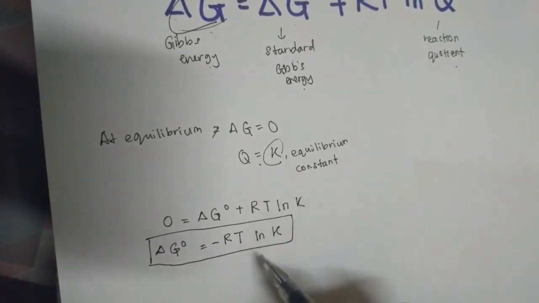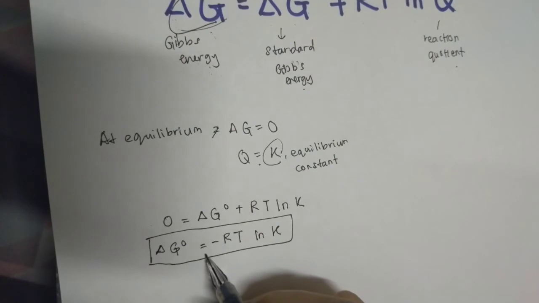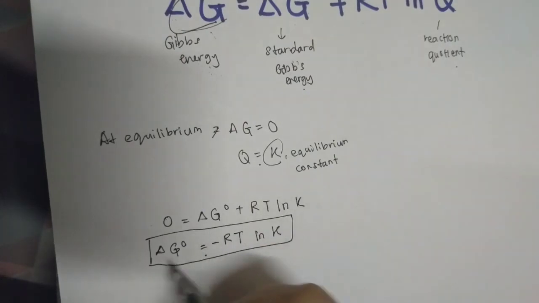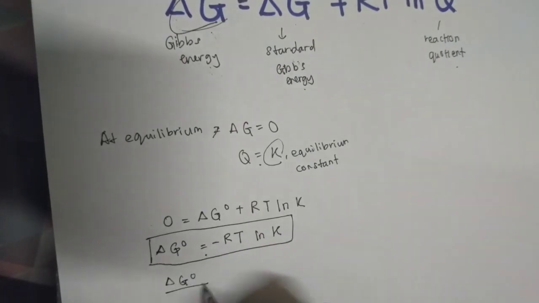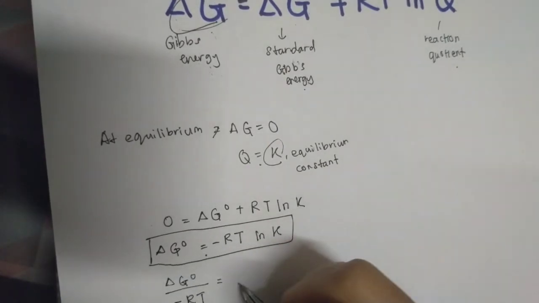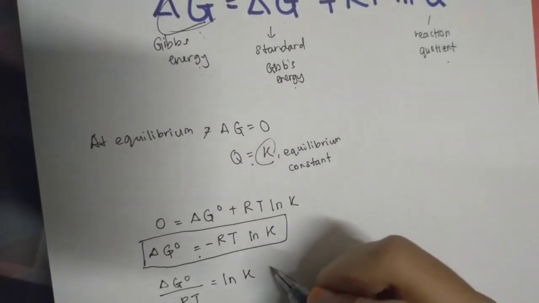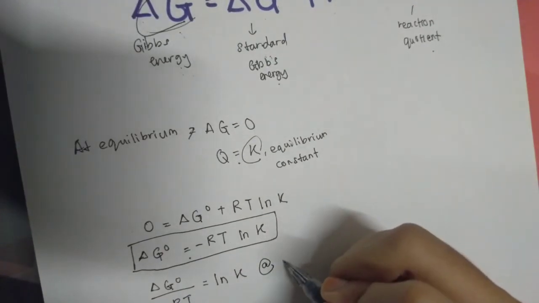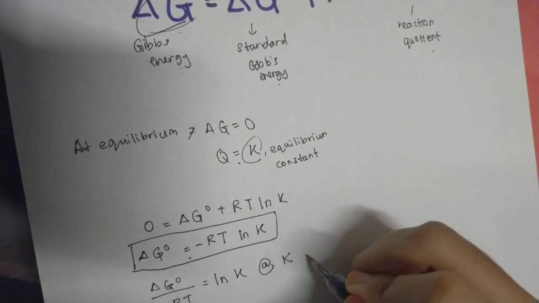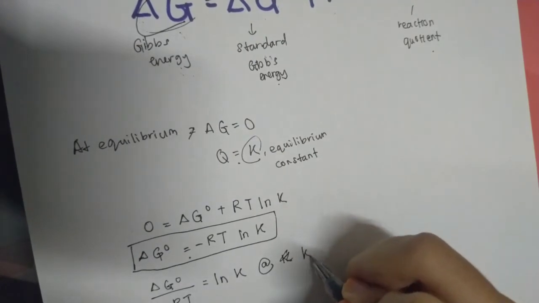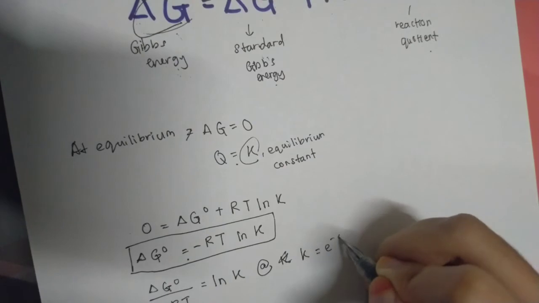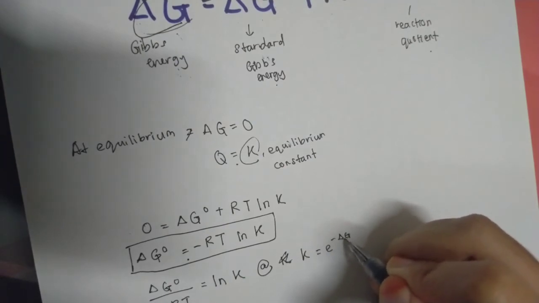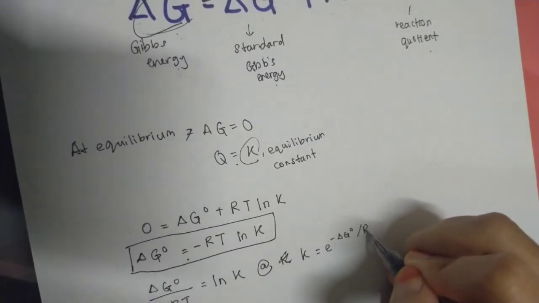So right now we want to manipulate this expression. By dividing delta G naught by RT, we will get the ln K. Or we can also manipulate it to get K equals exponential negative delta G naught over RT.